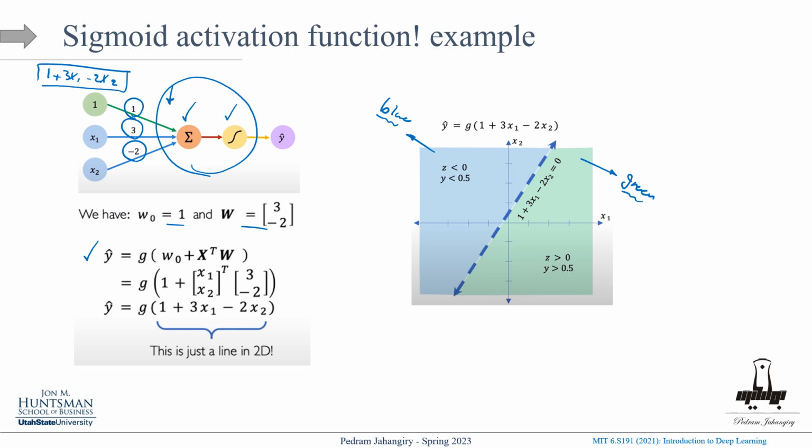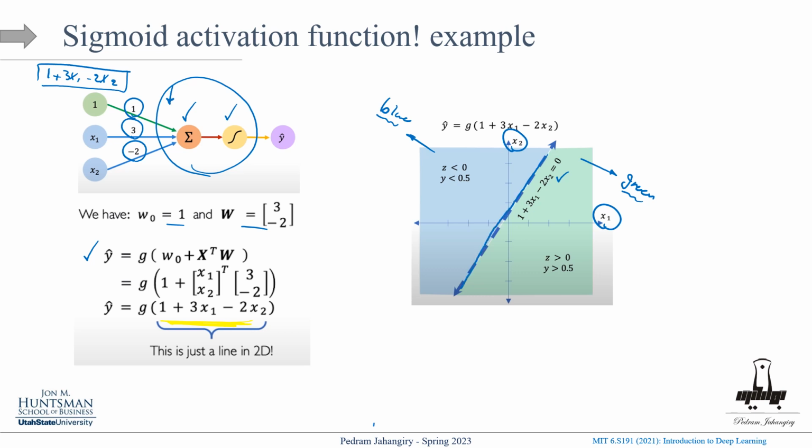Let me use yellow. This is the linear part, right? And as you can see, this is just a line in 2D. So I can simply visualize it, right? If I have, for example, x1 here and x2 here, I can plot this line of 1 plus 3x1 minus 2x2 is equal to 0, right? So this is our line, okay?